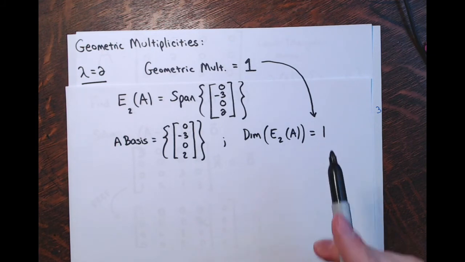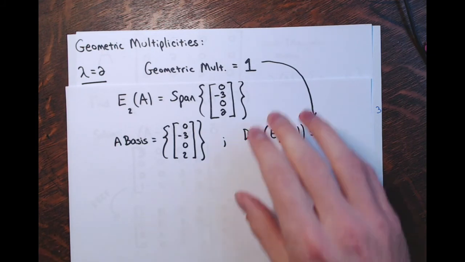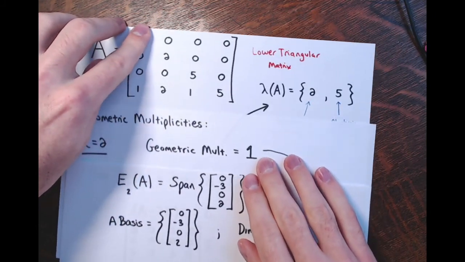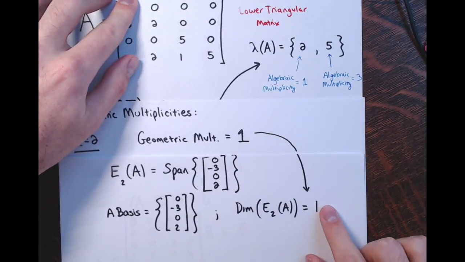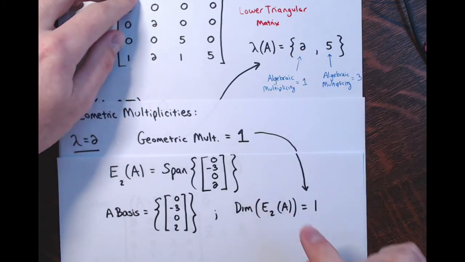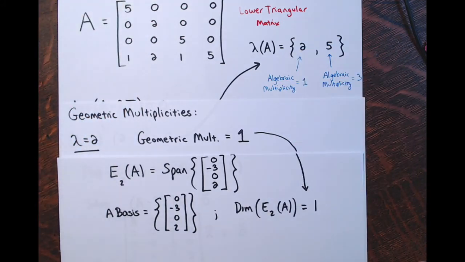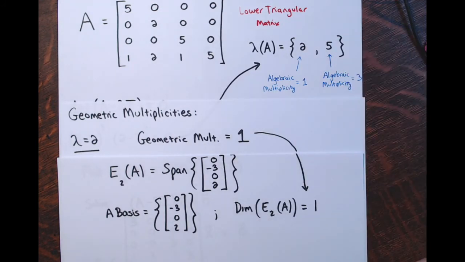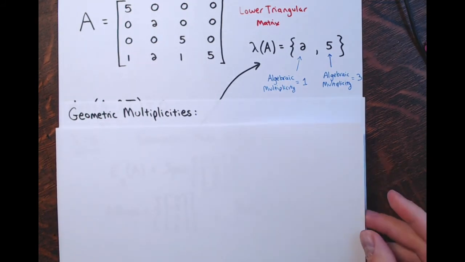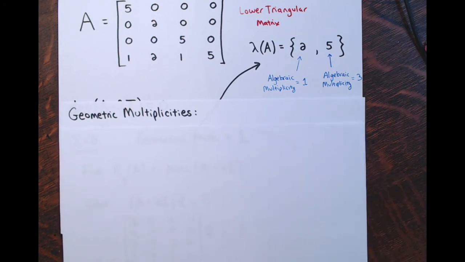And notice again that the geometric multiplicity is less than or equal to the algebraic multiplicity, right? The geometric multiplicity was 1. The algebraic multiplicity for lambda equals 2 was also 1. Okay, so now let's look at 5. Let's do the same thing for lambda equals 5. So again, I'm doing geometric multiplicities here.